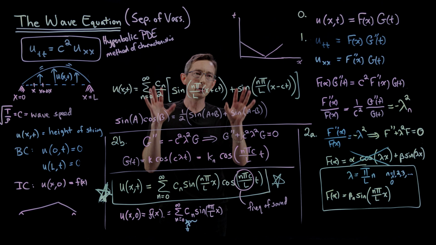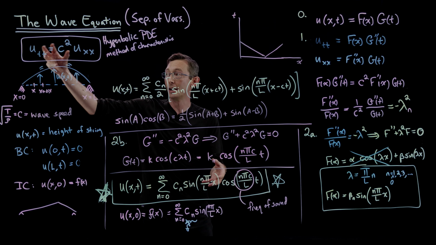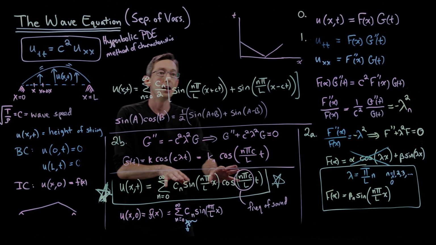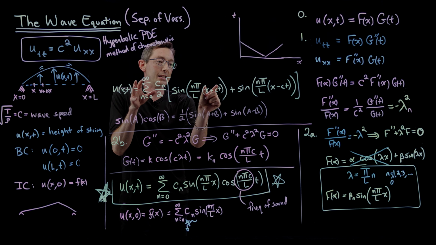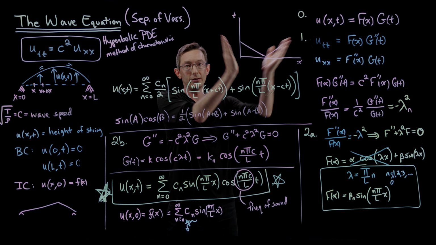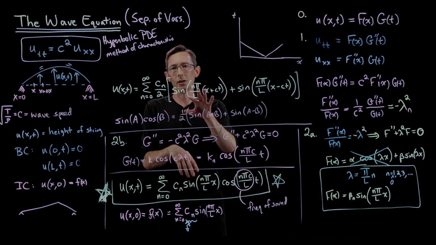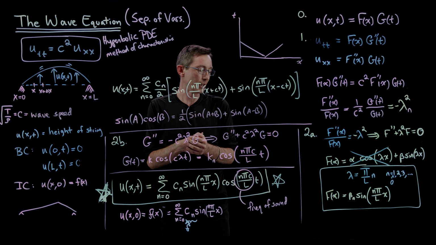So I'm going to have a whole lecture going over the method of characteristics, which is how you can take these wave equation solutions and write them in terms of these left and right traveling waves that give you this interesting behavior, but I'll do that at a later date.